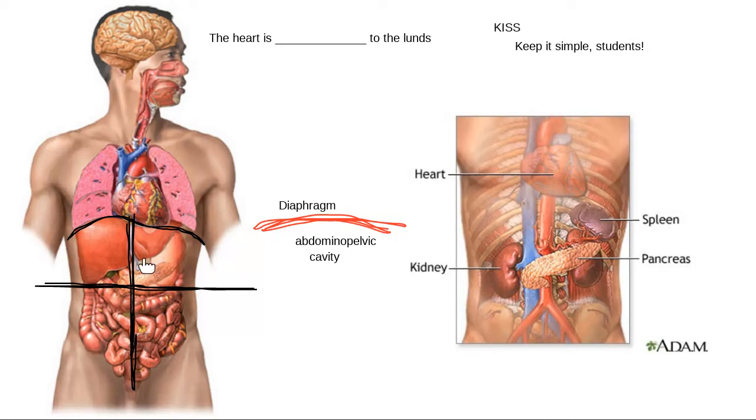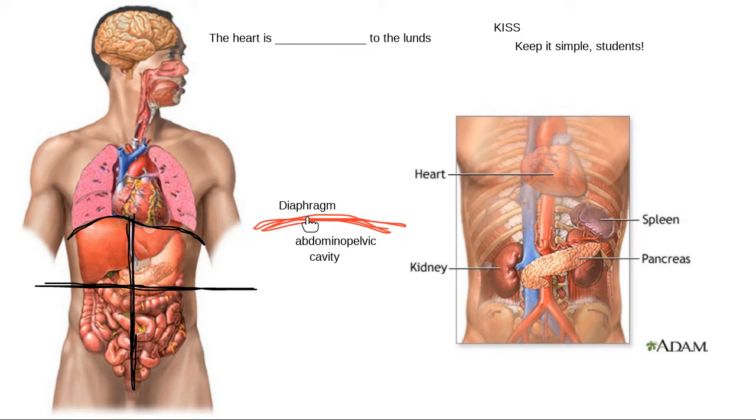So it's all these organs that we've been talking about in my favorite system, right? It's all the digestive system organ stuff. So we've got things like the liver, things like the stomach or the pancreas. Everything that's in the abdominopelvic cavity is part of these quadrants. Everything above the diaphragm is not.